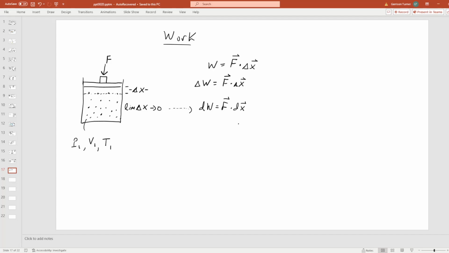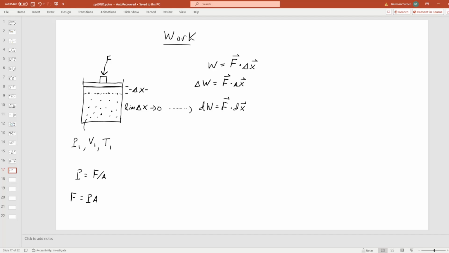But remember that pressure is equal to force divided by area. And so my force is my pressure times my area. So the pressure that the gas exerts on the piston times the surface area of the bottom plate that's in contact with the gas would have to be the force.